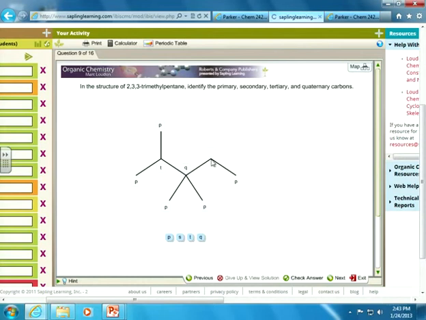You didn't know why you got it right. So here, secondary. Does it make sense? So it's just how many carbons, not hydrogens, but how many carbons are bonded to that specific carbon. Primary means you're bonded to 1 carbon. Secondary means 2. Tertiary is 3. Quaternary is 4.